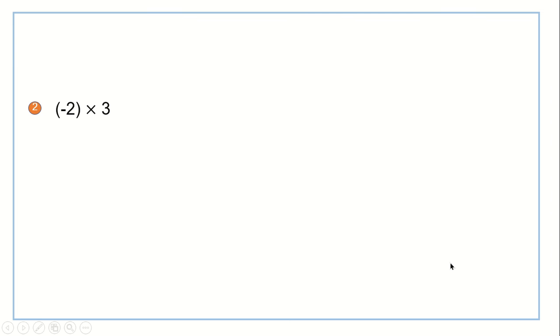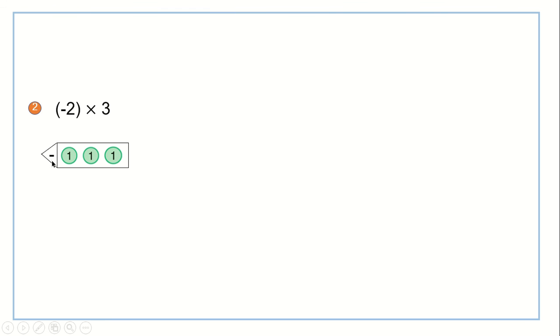Let's look at another example. We have got negative 2 times 3. Negative 2 times 3. Okay? So this actually means the negative of two groups of 3.